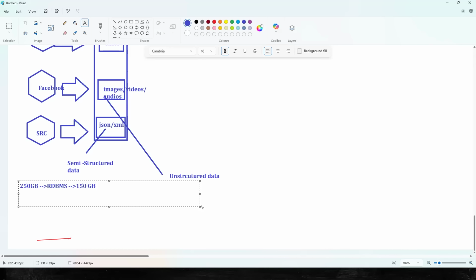And what is left over, guys? 100 GB left over, right? If 24 hours, same thing, how much GB is left over? 400 GB is left over, approximately more than 2 TB. Right? More than 2 TB is left over.